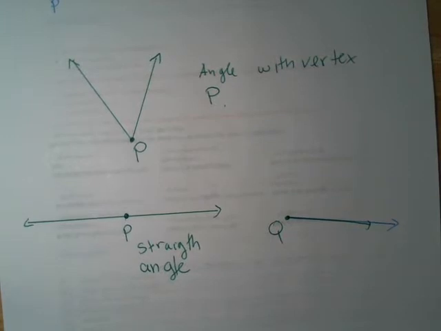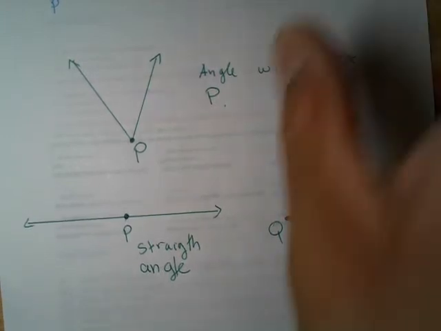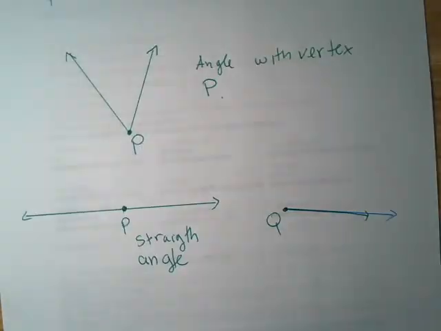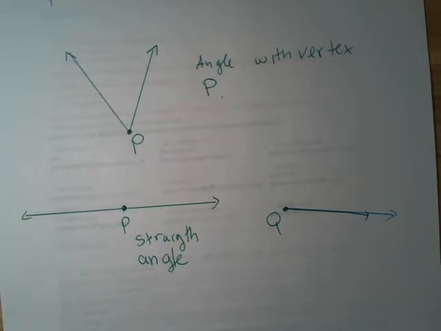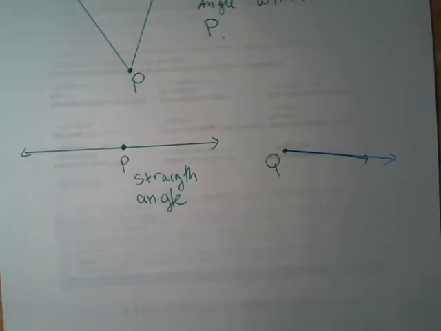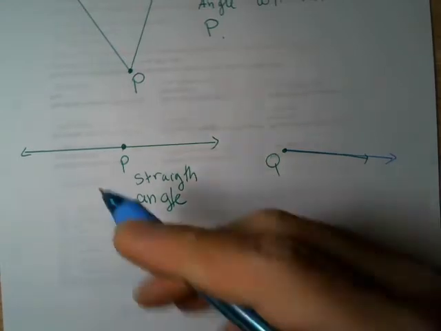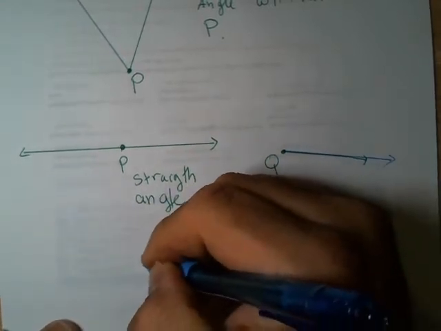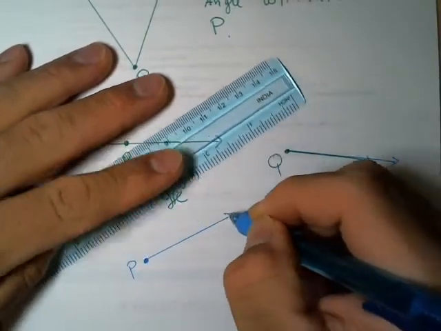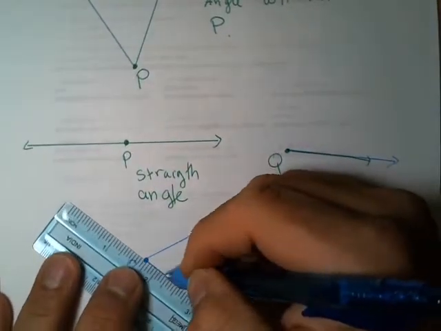Now when we measure an angle, we have to think, what are we defining as the measure of an angle? Is there more than one way to think of measuring an angle? Let's say we have a vertex here, P, and two rays going out here.